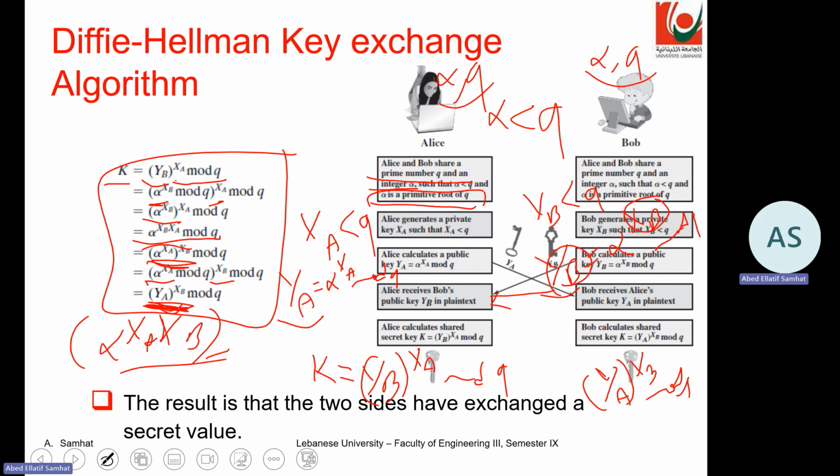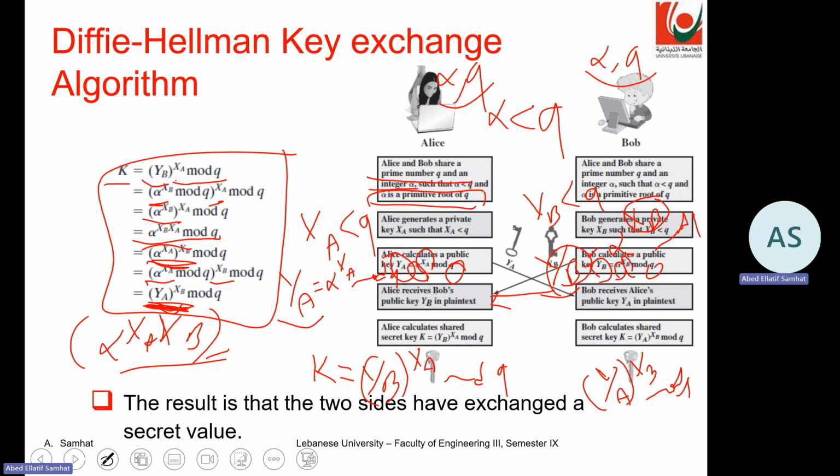The idea here is that if you have YA, alpha and q, it's very difficult to deduce XA. That's the difficulty of the discrete logarithm problem. The same for Bob: if anyone has YB, which is public, sent to Alice for example, and alpha and q, it's very difficult to find XB.